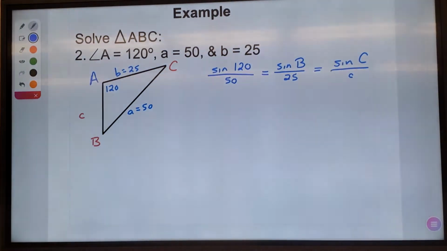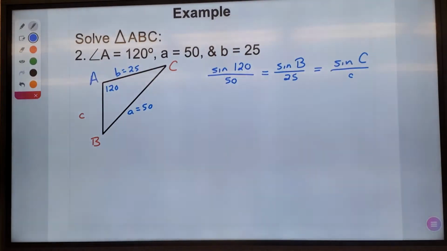With a problem of this nature, you'll notice that one of the fractions we can't use because it's missing two pieces of information. So we can't use the sine C over C yet.